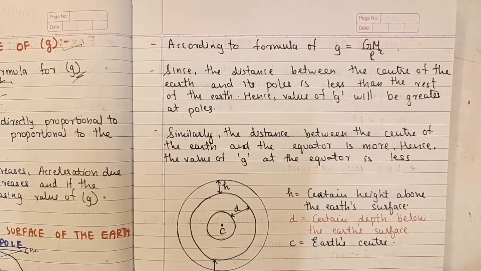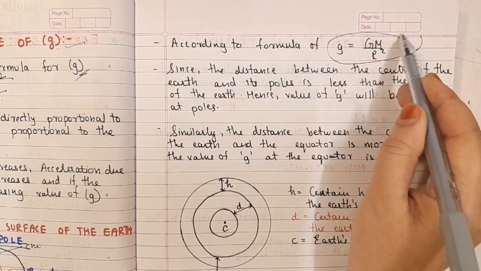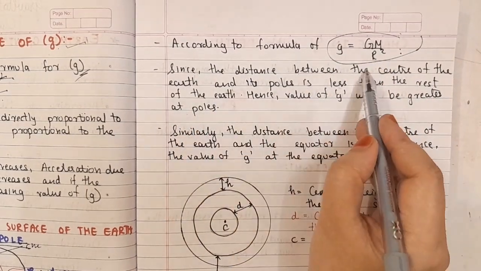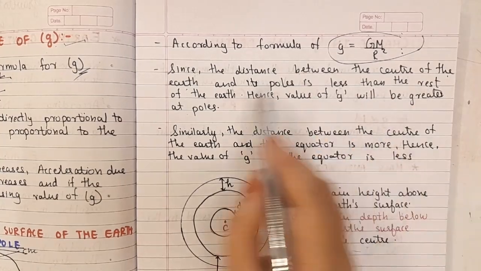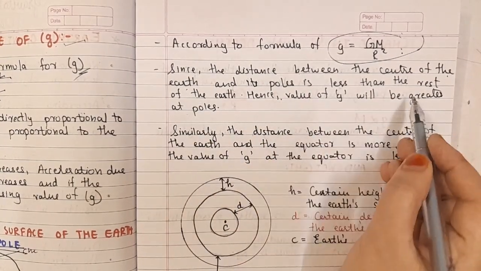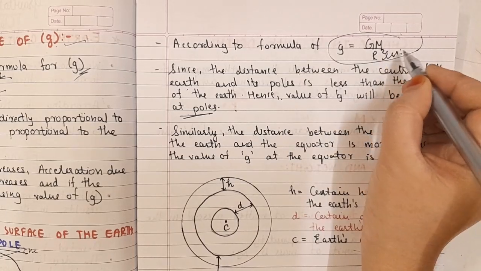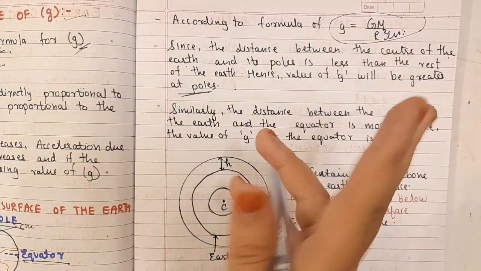Now according to the formula of acceleration due to gravity, since the distance between the center of the earth and its pole is less than at the rest of the earth, the value of g will be greater at the pole. So the lesser the distance, the greater the value of g, because these are inversely proportional.